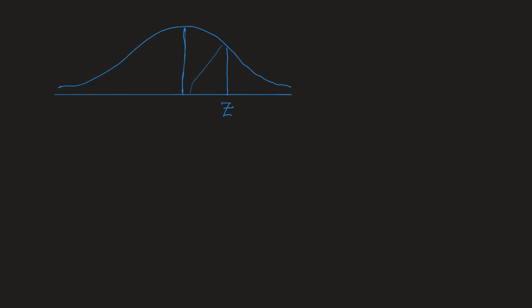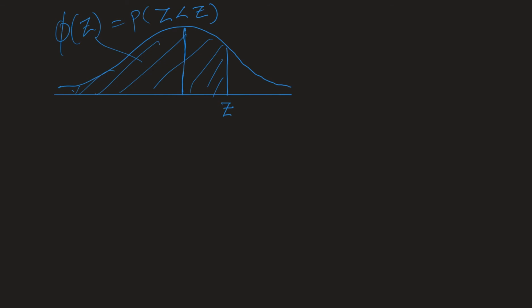Then what we are calling phi of z is the probability, and this is the probability that the standard normal variable z is less than that value. You either use probability or you just use phi of z, but that's what we're talking about. And then the standard normal tables will always give us that probability.